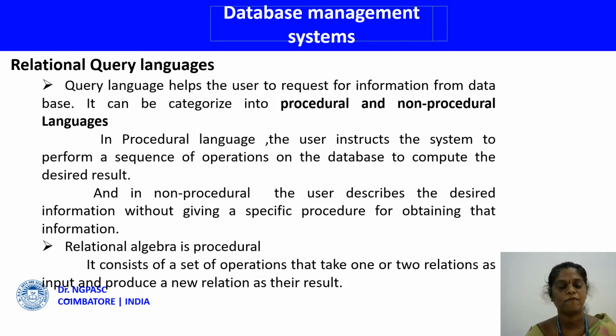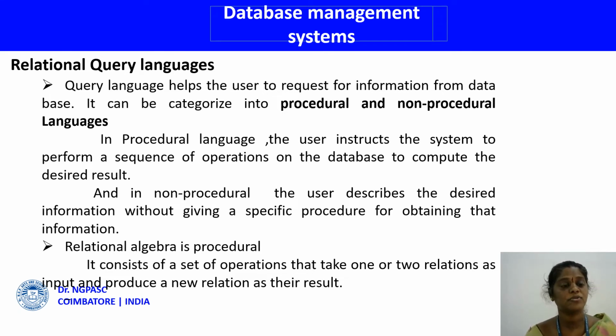In procedural language, the user instructs the system to perform a sequence of operations on the database to compute the desired result. So the user will give the instructions: I want to perform all these sequence of operations on the database. Suppose I want to get the name of a customer from the customer table by giving the customer ID. So this is a procedural language.